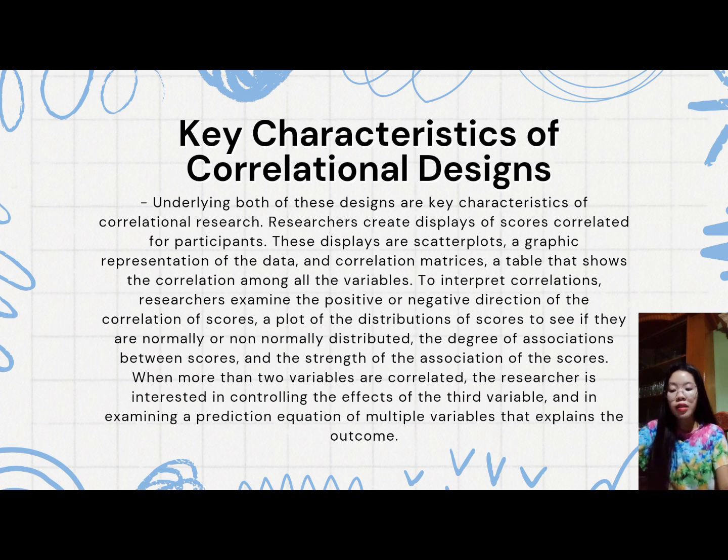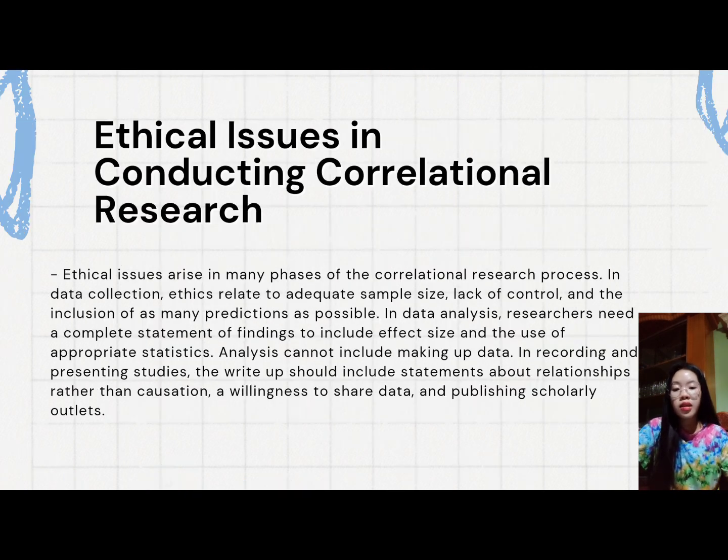So when more than two variables are correlated, the researcher is interested in controlling the effects of the third variable and in examining a prediction equation of multiple variables that explains the outcome.